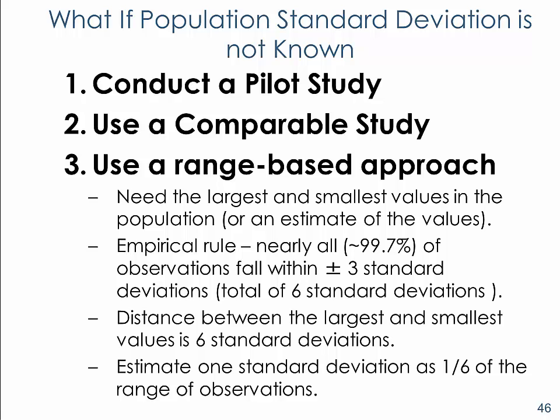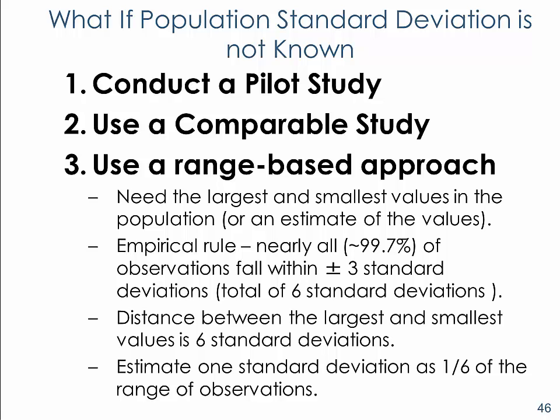In other words, the distance between the largest and smallest values is about 6 standard deviations. Again, that's only about 99.7% of the observations. Remember, there are 0.3% that are not included in that, but it's close enough. We can estimate that 1 standard deviation is 1/6 of the range of the observations, since the distance between the largest and smallest values is 6 standard deviations.